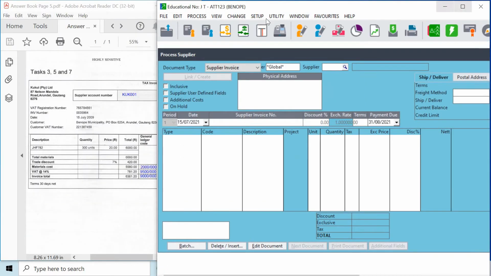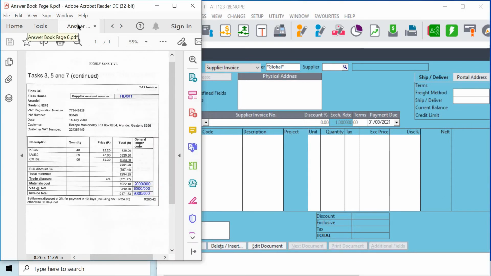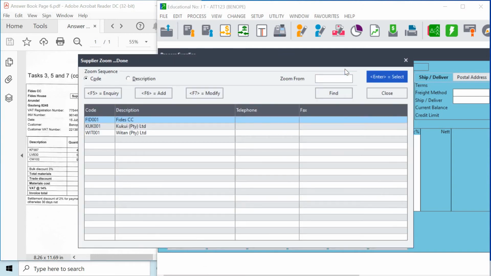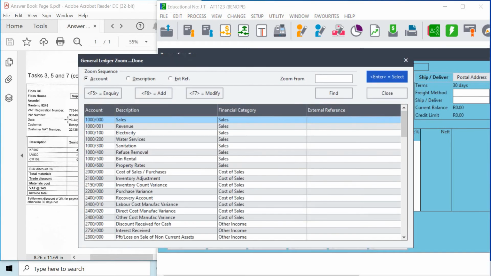We can continue with the next supplier invoice in our answer book on page 6. And supplier is FID 001. Our period and date remains the same. Our supplier invoice number you see is 96148. We can leave the payment due date as the default.